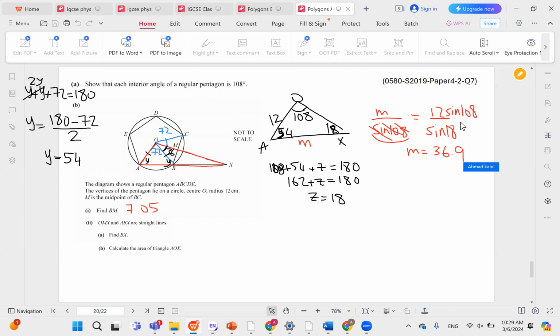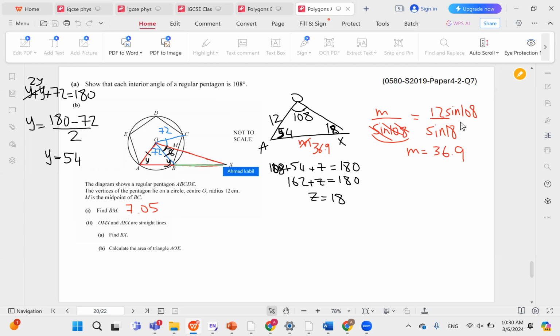So how does that help us? How does M help us? Well, it helps us in two different ways. It will help us solve both A and B. So let's just write here 36.9. We are first required to find BX. So let's go back to the diagram. What is BX in the diagram? BX is this green part here.